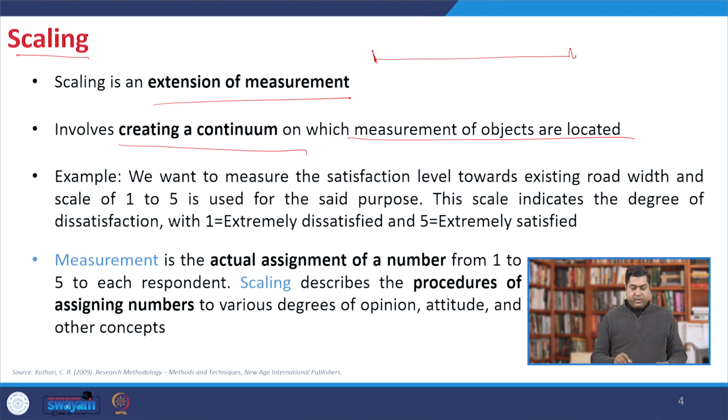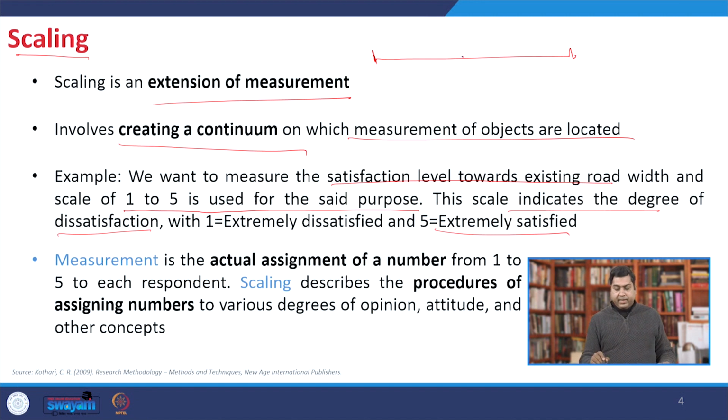Say, for example, if we want to measure the satisfaction level towards existing road width, and a scale of 1 to 5 is used for that purpose, then the scale indicates the degree of satisfaction. For example, I am extremely dissatisfied, so I give 1 to that, and 5 means I am extremely satisfied.